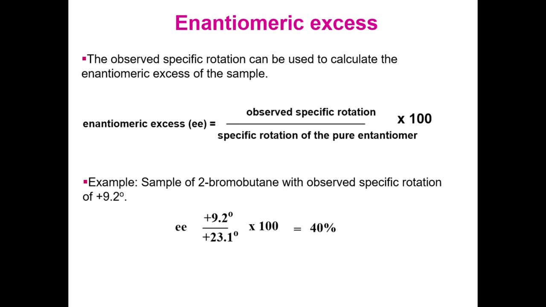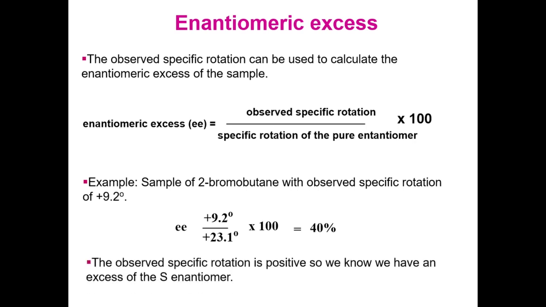We don't know if there's more S than R or R than S, but we do a measurement and see that it has an observed rotation of +9.2. So +9.2 divided by the specific rotation of the pure enantiomer, which is +23.1, multiplied by 100, and we get 40% EE. So our enantiomeric excess is 40%.